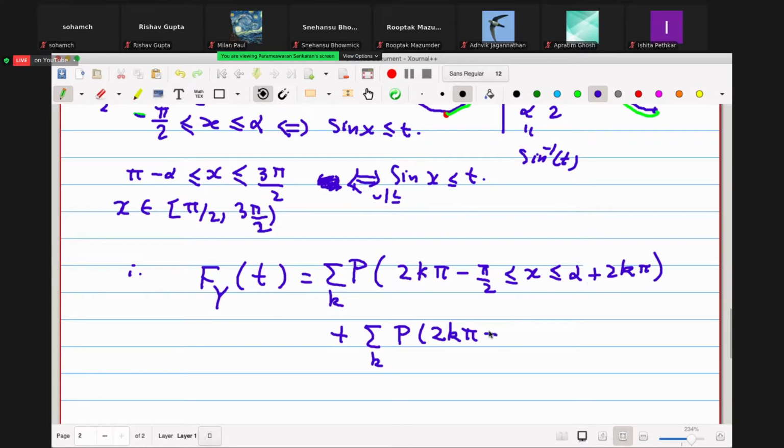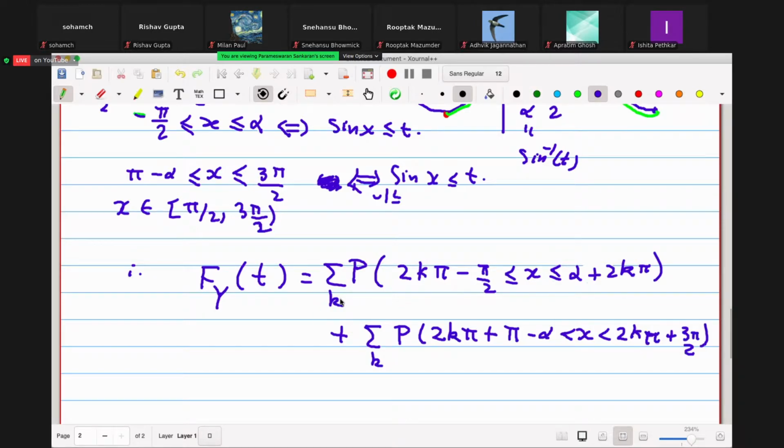So this is plus, I had something, plus pi minus alpha less than x less than 2k pi, and then plus 3 pi by 2. And you check at home whether I have done this correctly.